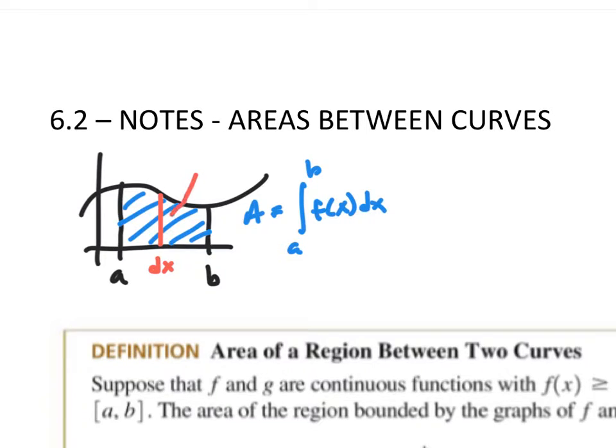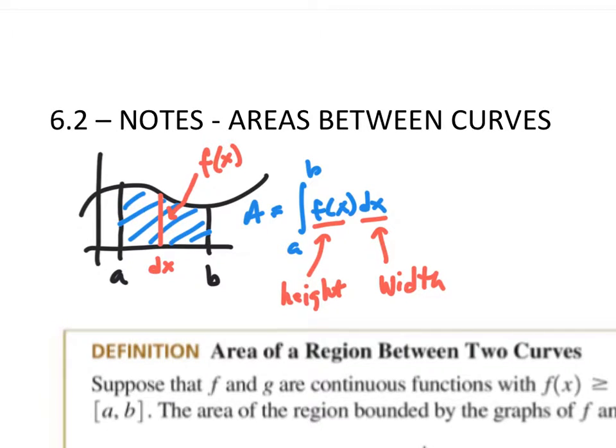And the height of that rectangle is the function value, f of x, okay? And so when I multiply f of x and dx, this is just the height of the rectangle, and this is the width, okay? And this is going to help us when we're trying to figure out how to set up these integrals, and it'll help us further on in this lesson.